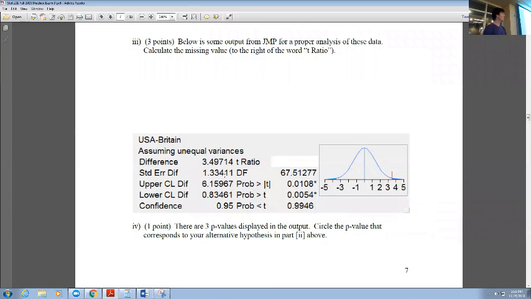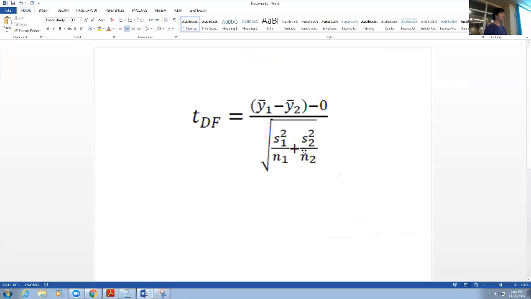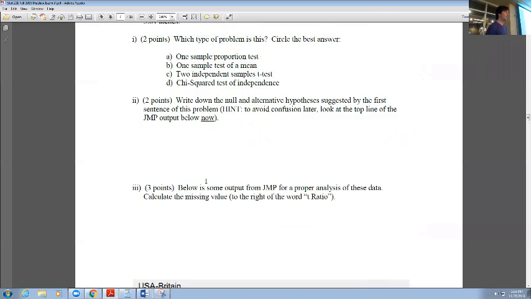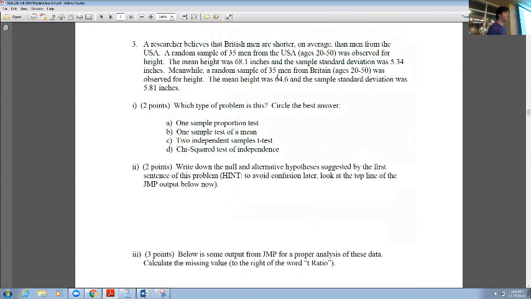Does everyone see that? The standard error of the differences is what we're dividing by. The standard error of the differences is literally this whole formula right here. This whole thing is called the standard error of the differences. So you could go through and you could work this problem by finding that value by taking all these standard deviations, all these sample sizes.